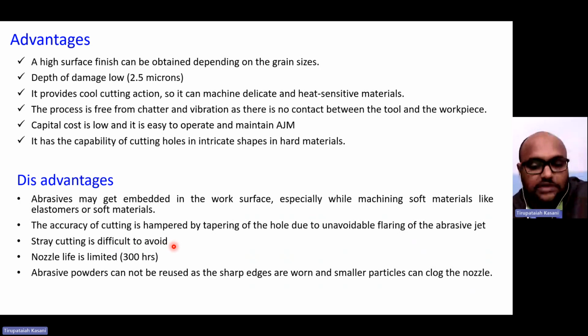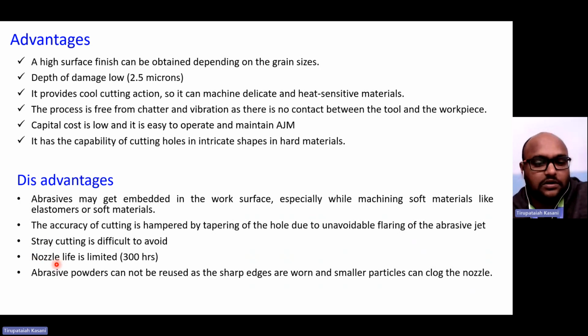As we have seen, as the standoff distance increases, the stray cutting, meaning the side portion of the machining zone, the material removal zone, increases along with the standoff distance or the NTD distance. Due to the divergence of the stream, it is difficult to avoid side cutting.